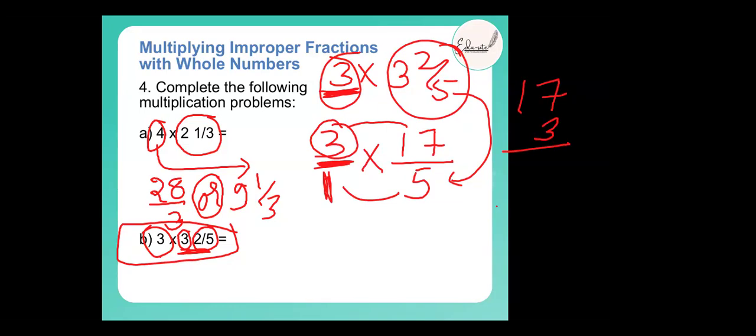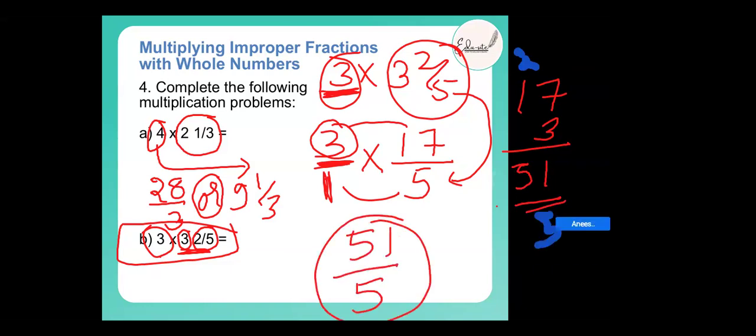Then 3 times 1 is 3, plus 2 is 5. Yes, so it is 51 over 5. Excellent. This is your answer, Anis.